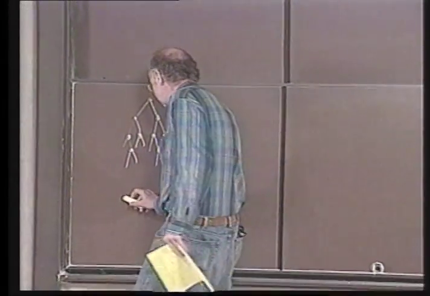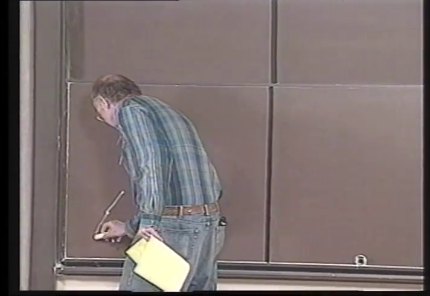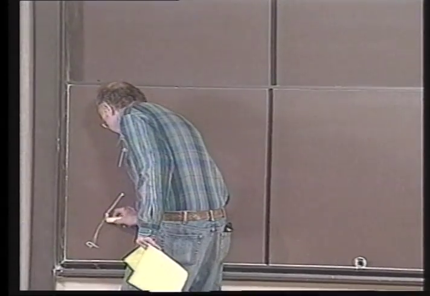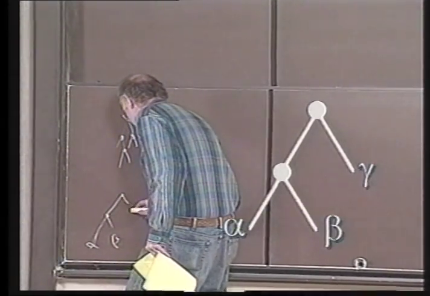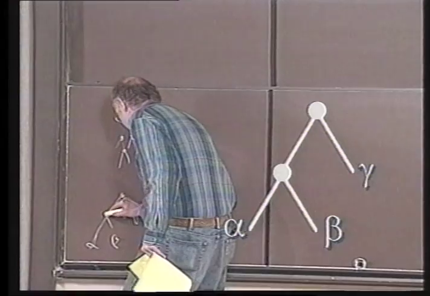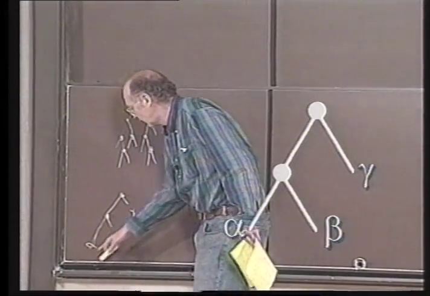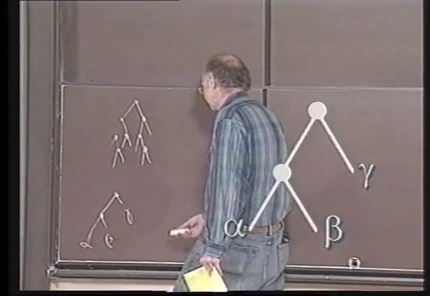Now, the idea of a rotation in a binary tree is that we have a substructure that looks like this. There's some tree alpha hanging down here, and some tree beta hanging down there, and some tree gamma down here. These might be complicated, or they might be simple.